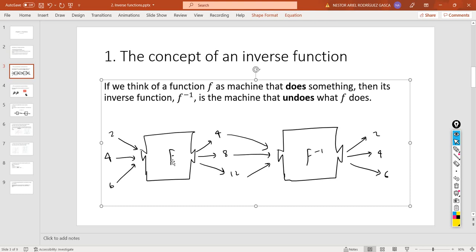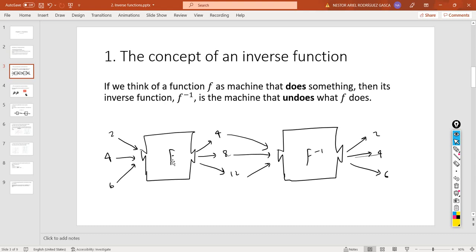If you give it the number 8, it gives you the number 4, which is the number we started with. And if you give it the number 12, it gives you the number 6 in return, the same number with which we started this process.